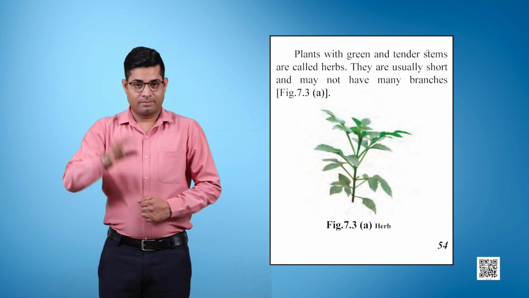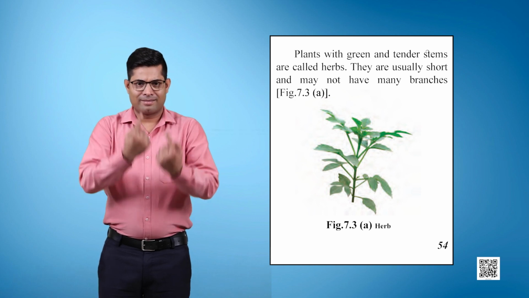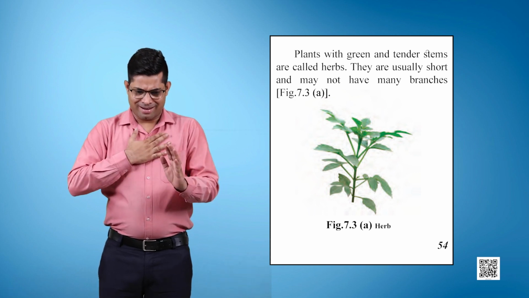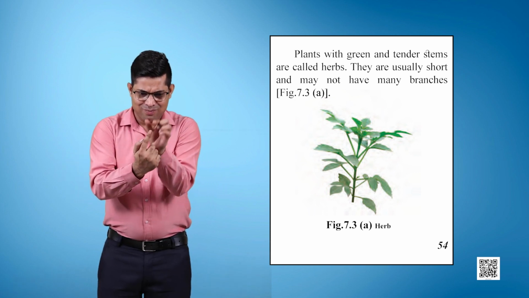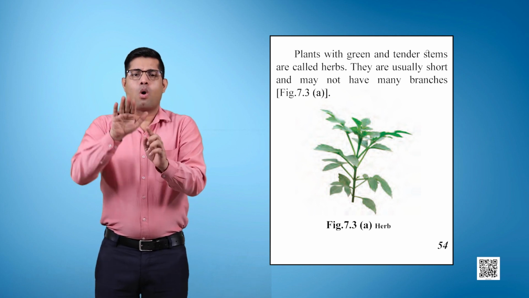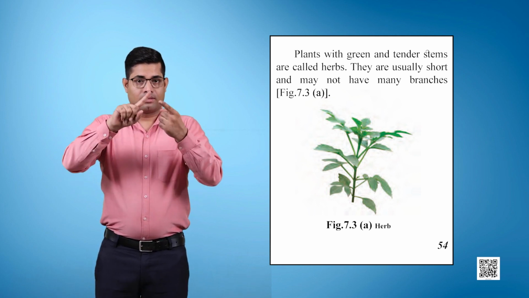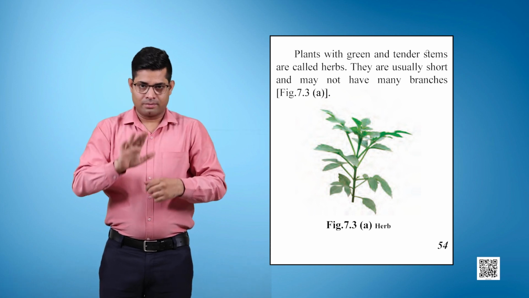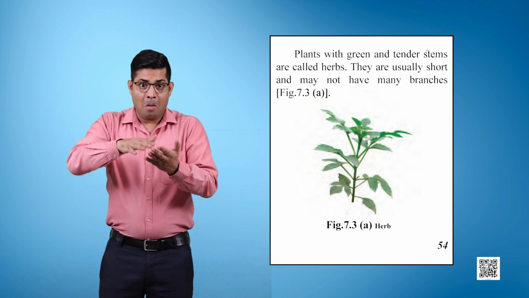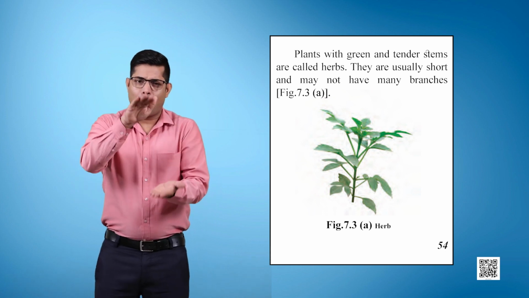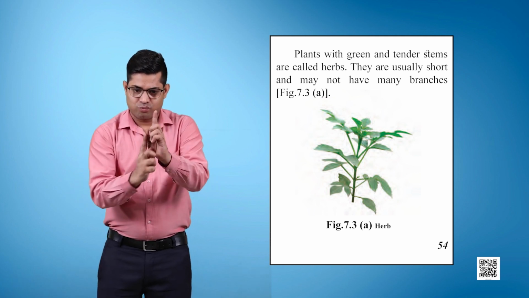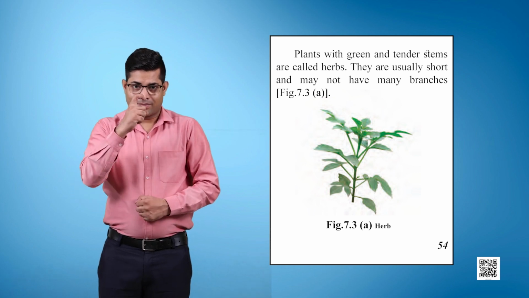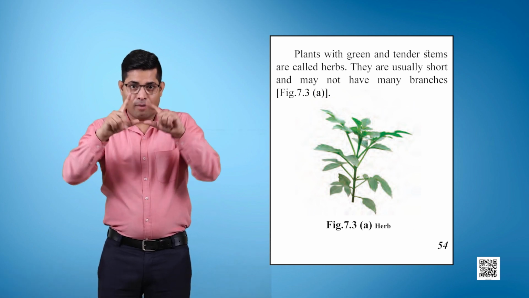Page 54. Plants with green and tender stems are called herbs. They are usually short and may not have many branches. Figure 7.3a.